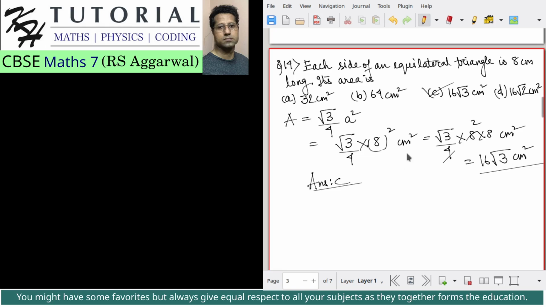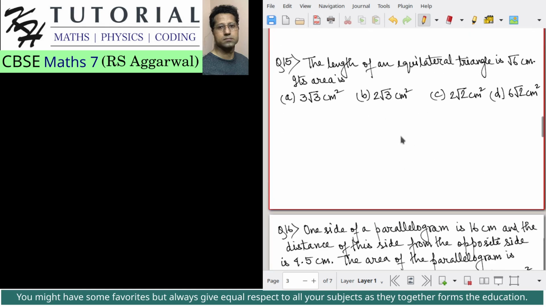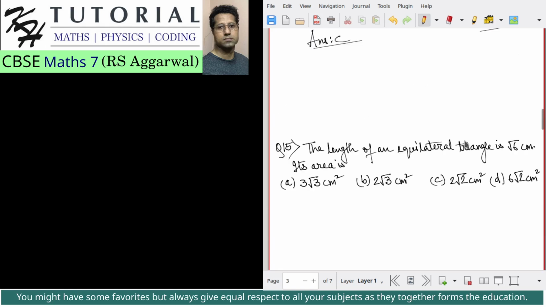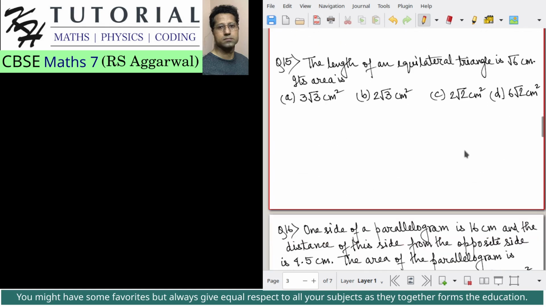Let's see the next problem. Question number 15. The length of an equilateral triangle is square root of 6 centimeter. Its area is. So this problem is exactly similar to question number 14. Area we know for an equilateral triangle is square root of 3 divided by 4 A square. The length of each side is given to be square root of 6 centimeter.